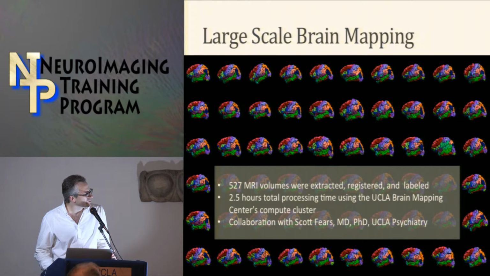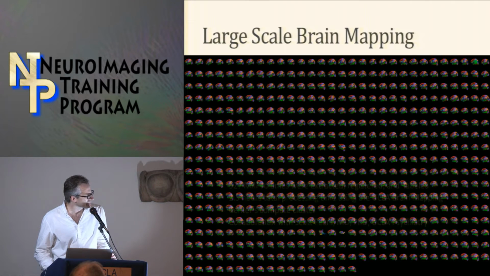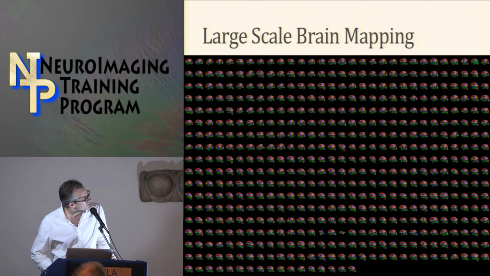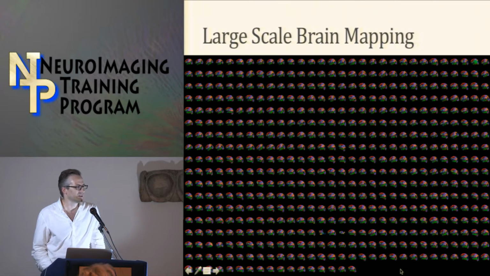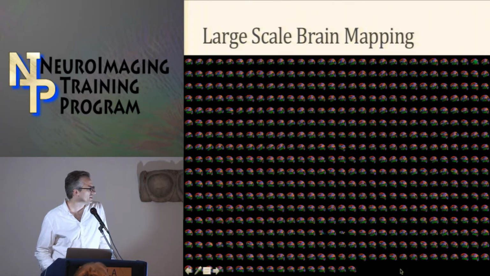We did an experiment a couple years ago where we tried to see how fast we could do 500 scans. We were able to process them all in about 2.5 hours. Not all of them worked, which is why we're interested in trying to identify these more rapidly. You can see a few cases when you look at the visualization. But in general, it worked very well, and you can do essentially a whole study, at least the computational part, in an afternoon.